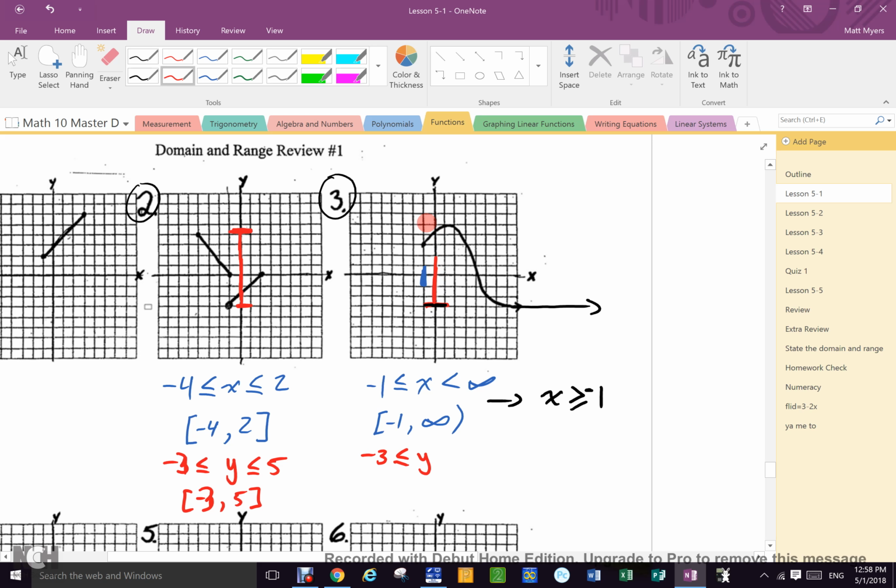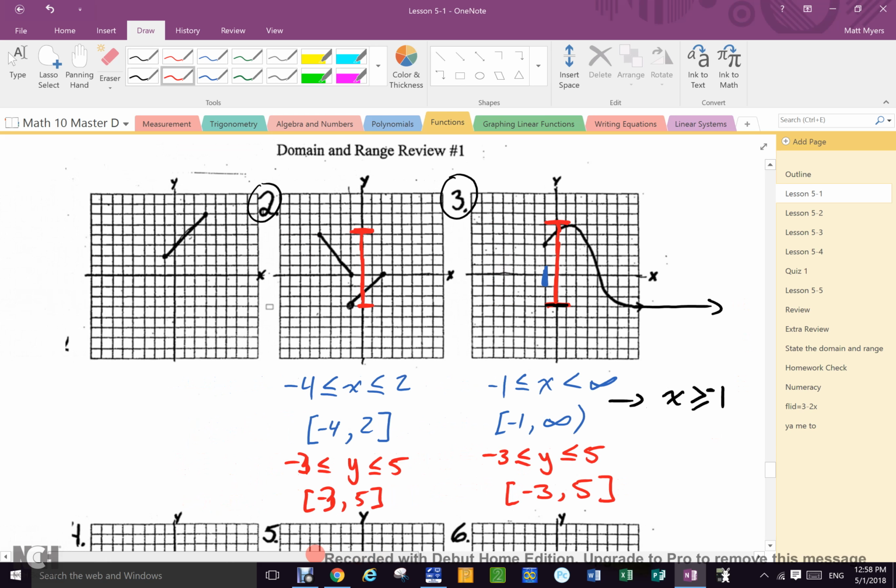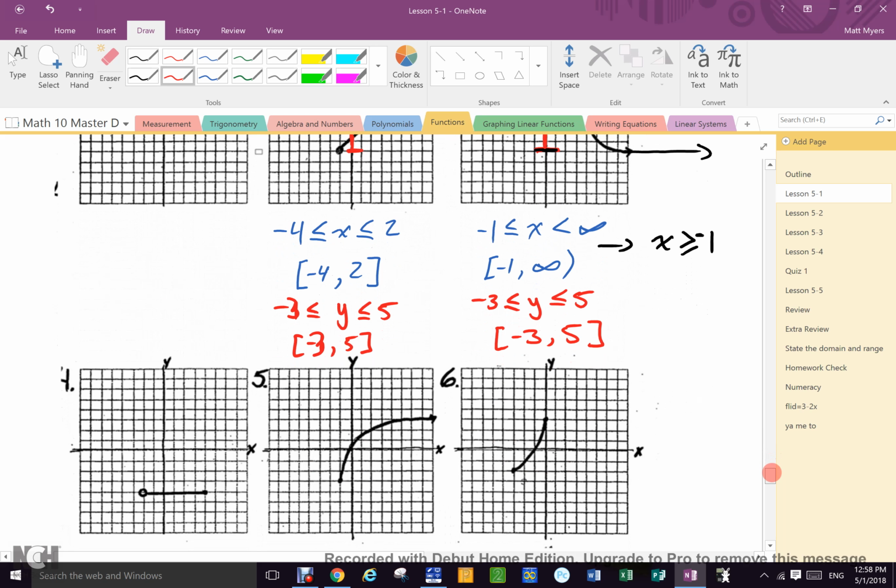The highest point on the graph. Not the dot, the highest point. And it is what? 5. And then I rewrite. Negative 3, comma 5. Both with square brackets because I hit them both. Does everyone understand? Yes.